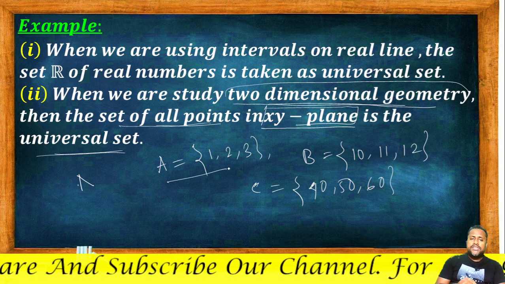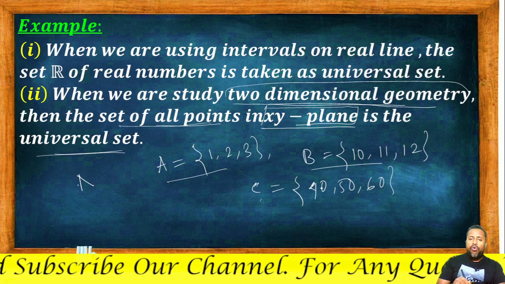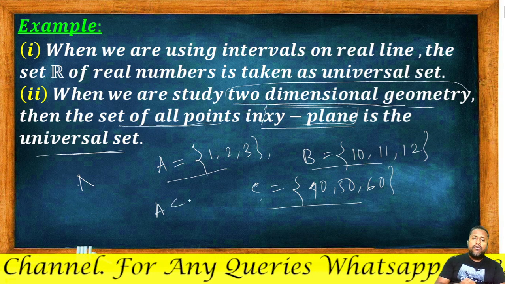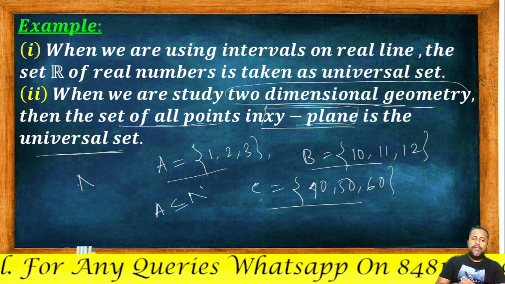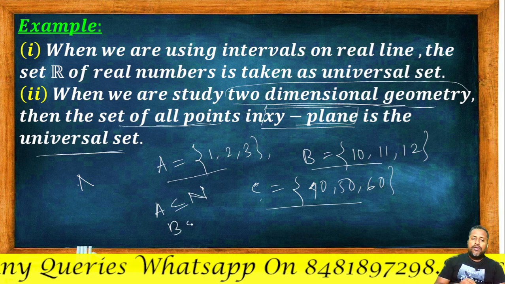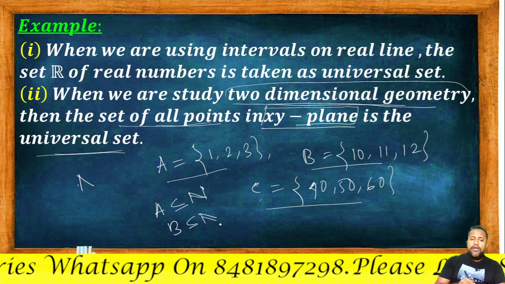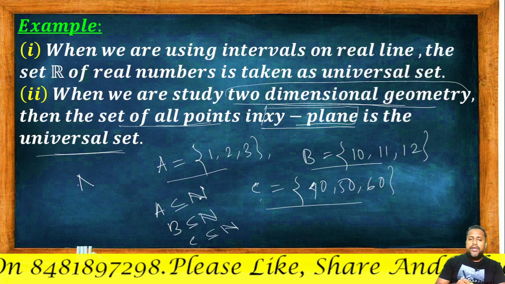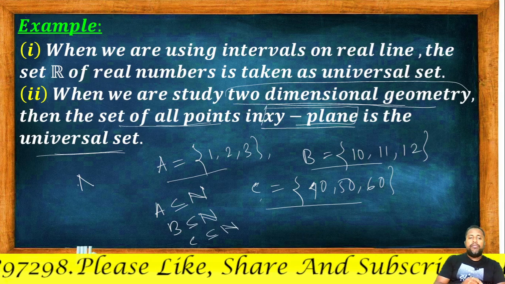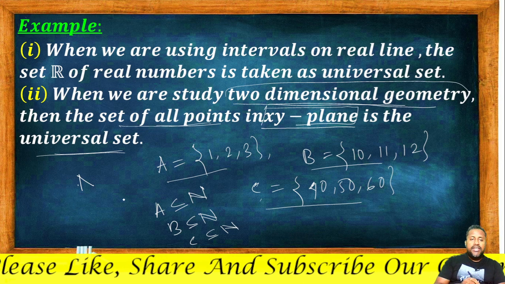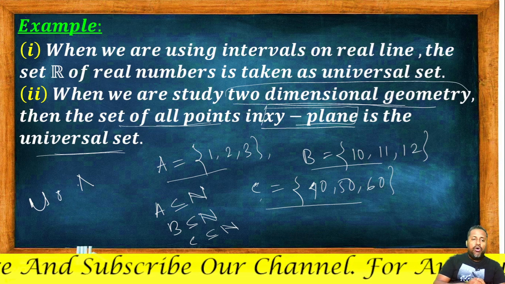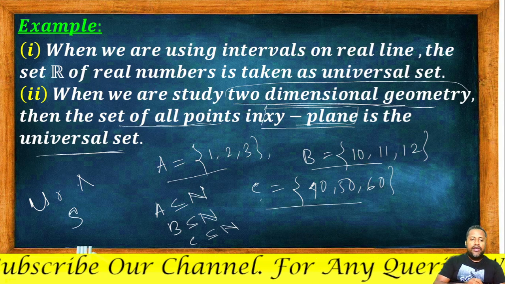Now see, A, B, C are all subsets of the natural numbers. So here the set of natural numbers will be our universal set, and in general the universal set is denoted by U, or sometimes by S also.